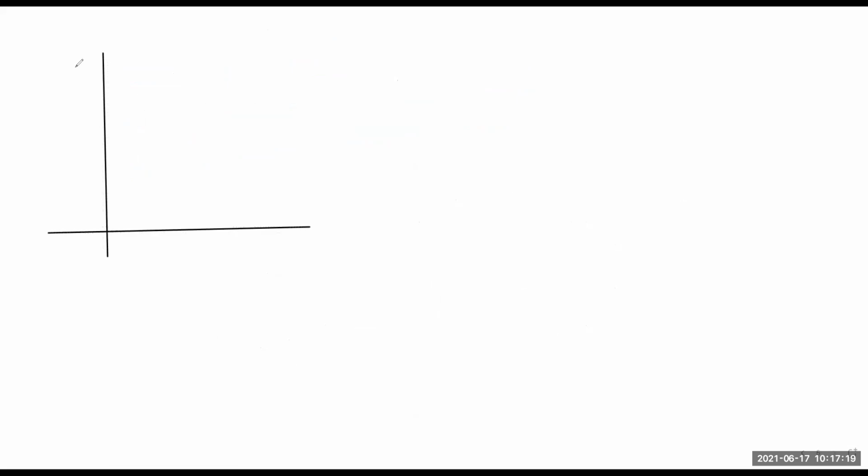Here you will have the y-axis and the x-axis. Another thing you have to draw here, and you extend it to some point like this, and this is your R. This is R1.